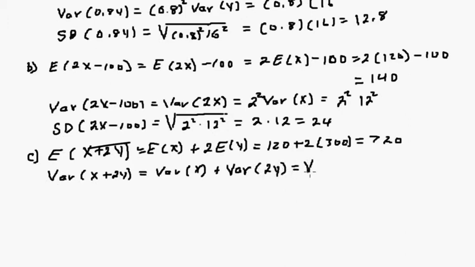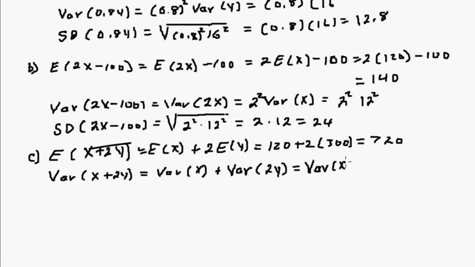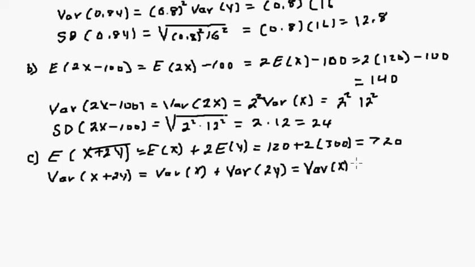So that's the variance of x, and this is the tricky part. It's being scaled because y is only occurring once, so it's 2 squared times the variance of y. So the variance of x would be 12 squared plus 2 squared times the variance of y, which is 16 squared.